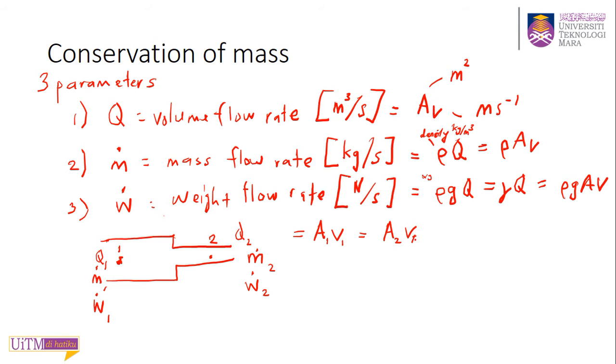So that's how the problem will ask you. They will give you the area and velocity at this point, and they want you to find the velocity at point 2 given the area at 2. That is commonly asked in tests. They just want us to find the velocity here, or the area here.